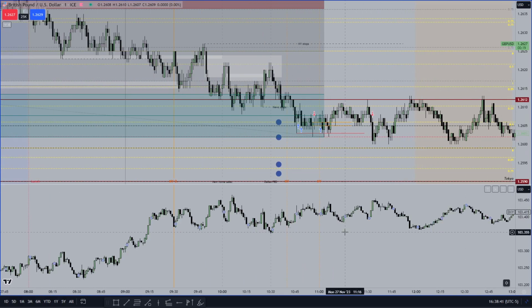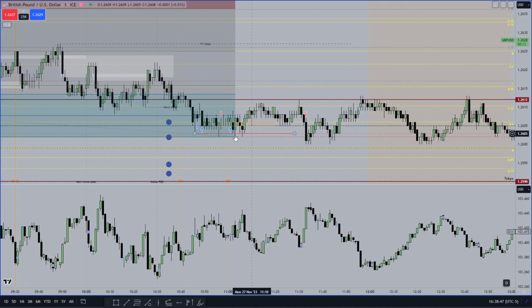So give me a second. Look, at this point it was taking. At that point, I saw this candle with this wick that gave me a very strong bullish signal on the euro. Sorry, on the pound.